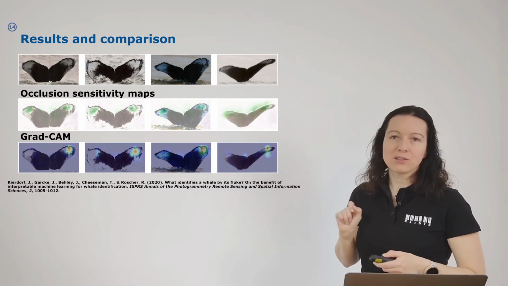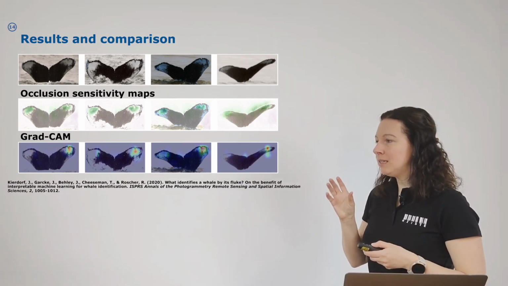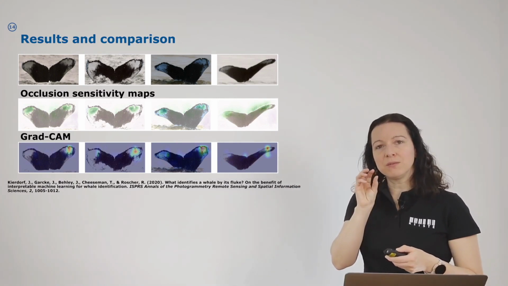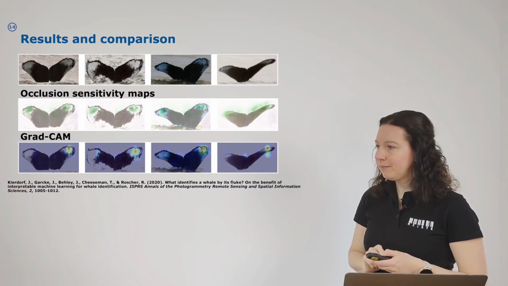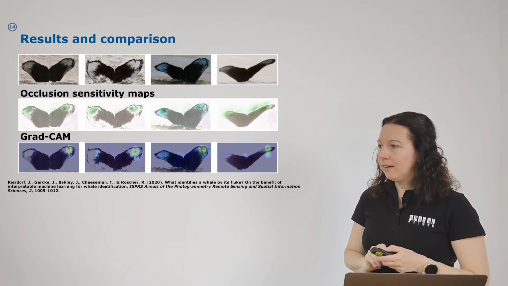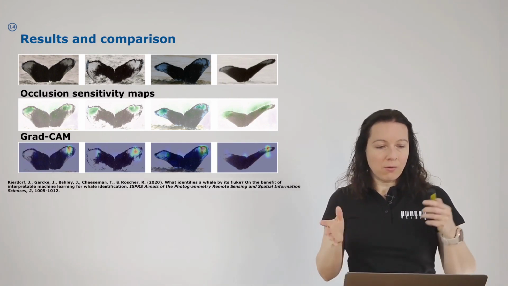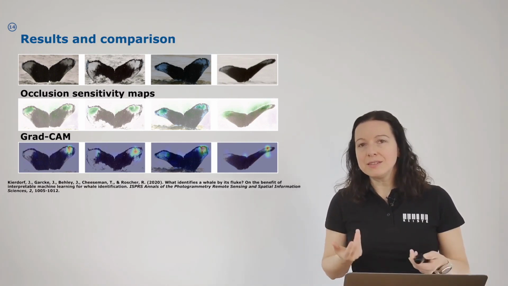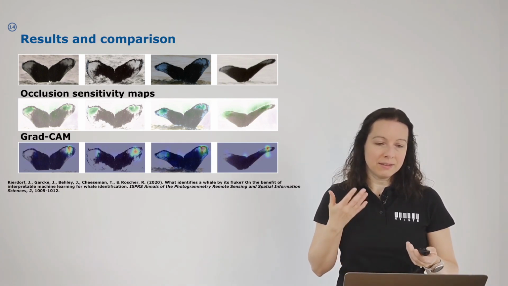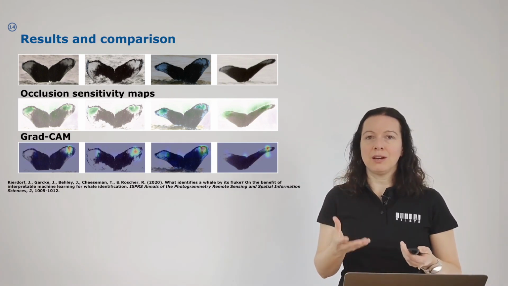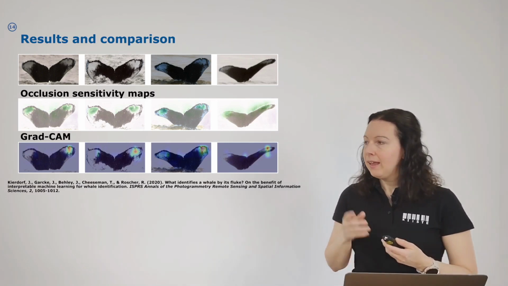And this is Grad-CAM. And what you can see is Grad-CAM points to one specific part in the image, which is this small notch. So it somehow points to the same area as the occlusion sensitivity maps, but the features which are identified as important are different.